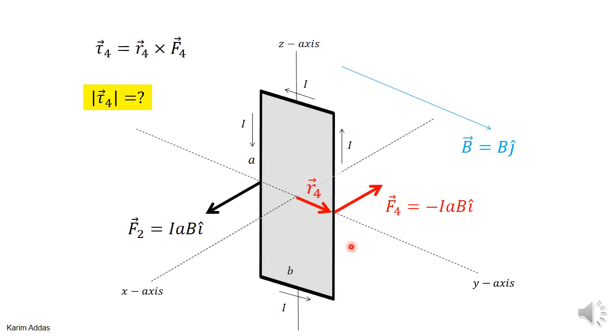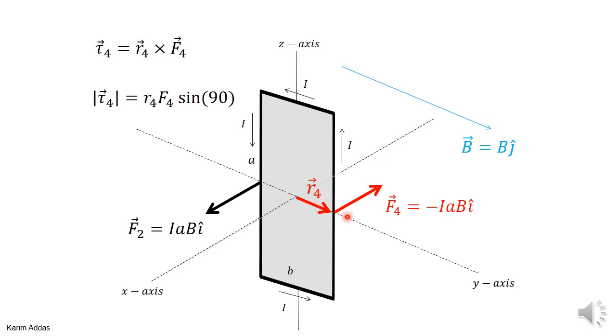Again, the total force acting on the right side is minus IAB I hat, and we can assume that the torque is obtained by taking the position vector from the origin to the center of mass of that side, as if all the force is acting at that point. So it's R4 crossed into F4. First let's get the magnitude. As before, it's R4 F4 sine of the angle between them.